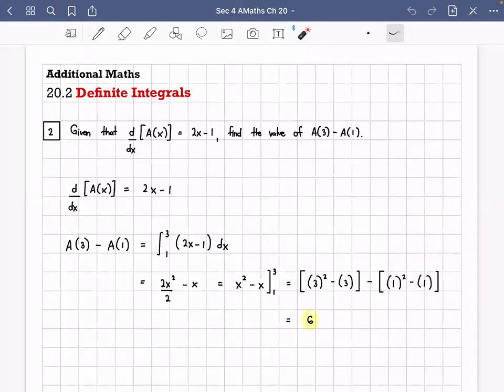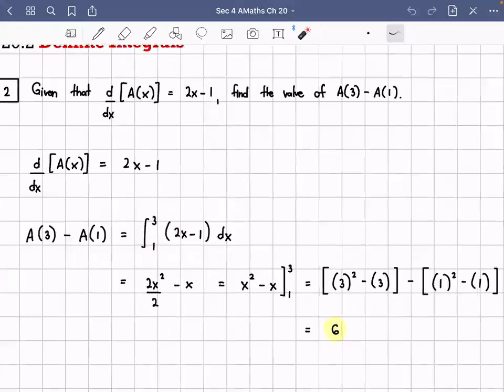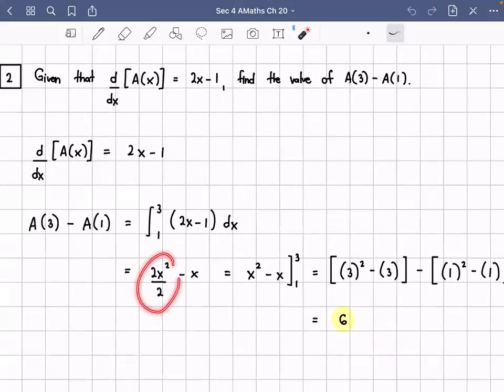So how do we get the antiderivative of this? It becomes 2x squared over 2 minus x. So simplifying that, this is the answer for the antiderivative of 2x minus 1.